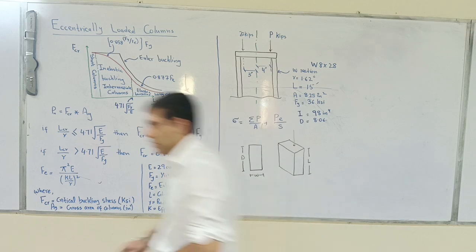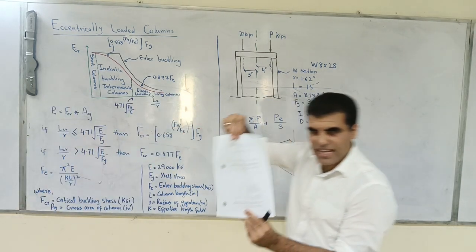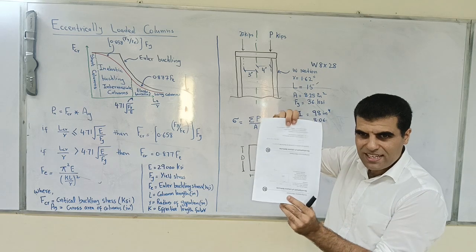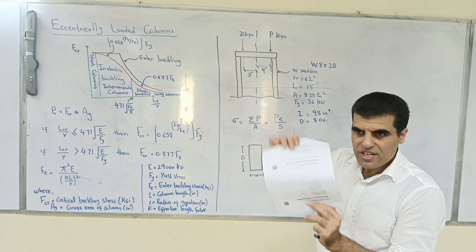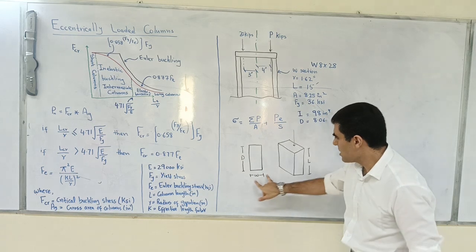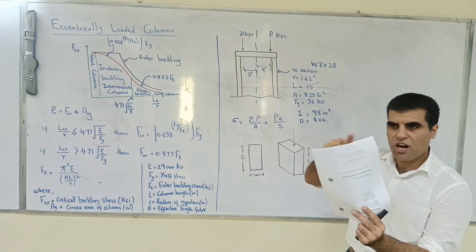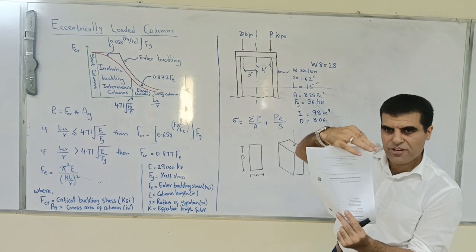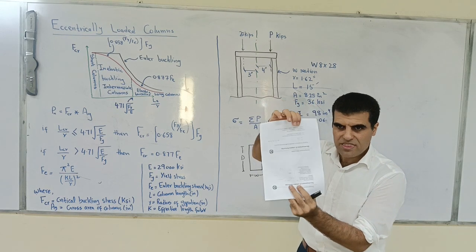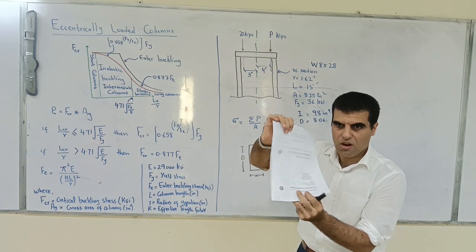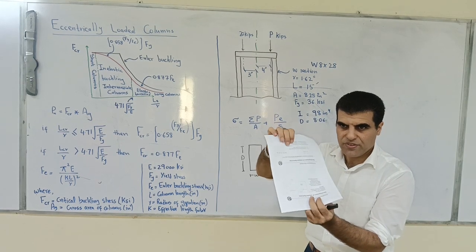And please notice that a thinner member will buckle in the direction of your smaller dimension. So you have got the length and you have got the thickness, and it is getting buckled in the direction of thickness.